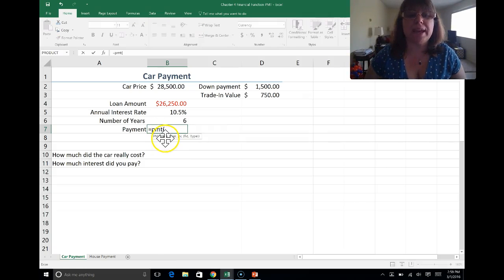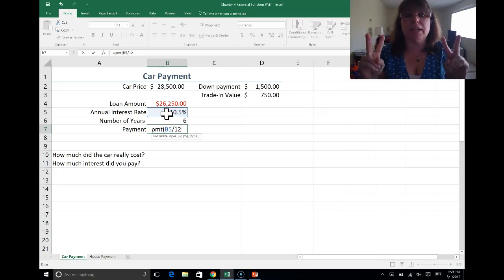Now it asks me for the rate. This rate is the interest rate, but since my value on my sheet is annual interest rate and I make a payment every month, I'm going to use the annual interest rate and divide it by 12. That will give me a monthly interest rate.